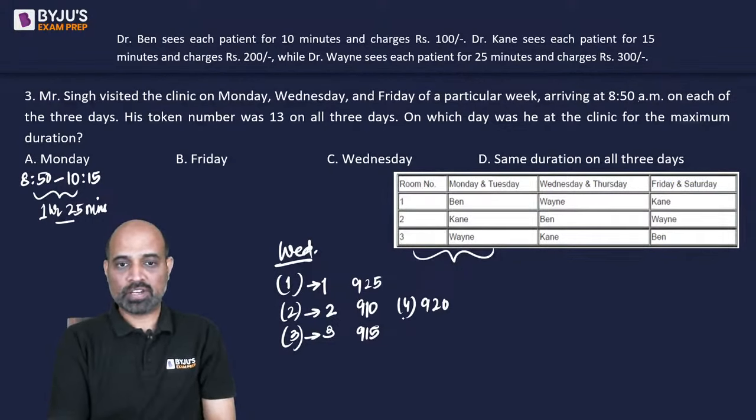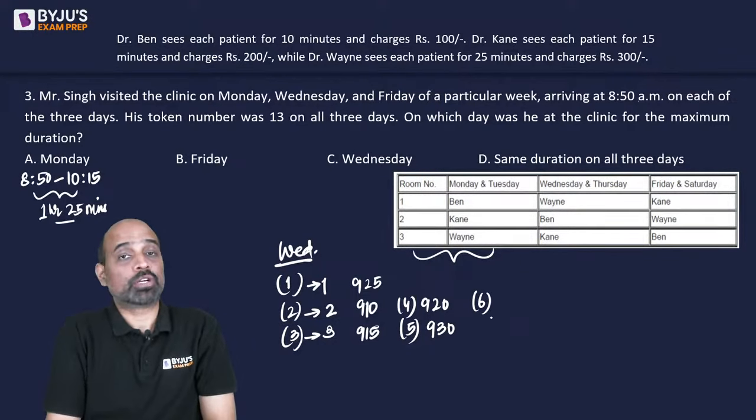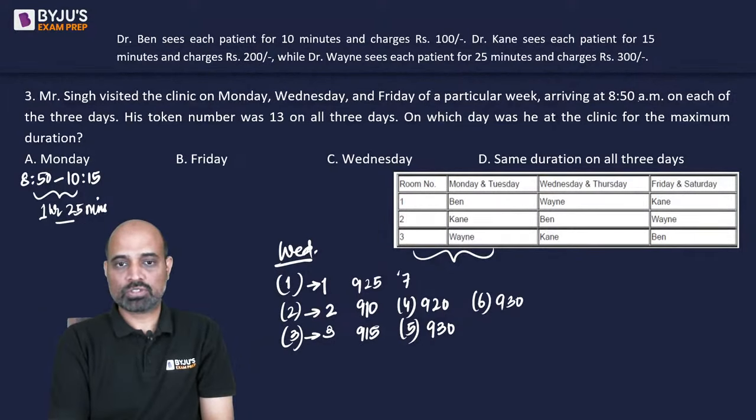Token number 5, when he enters, will go to room number 3 and get done by 9:30. Token number 6 will go to room number 2 because that room is empty right now, and he will get done by 9:30. Token number 7 goes to room number 1 and he will be done by 9:50. Token number 8 will prefer room number 2 because it's smaller in number, so by 9:40 he will be done.